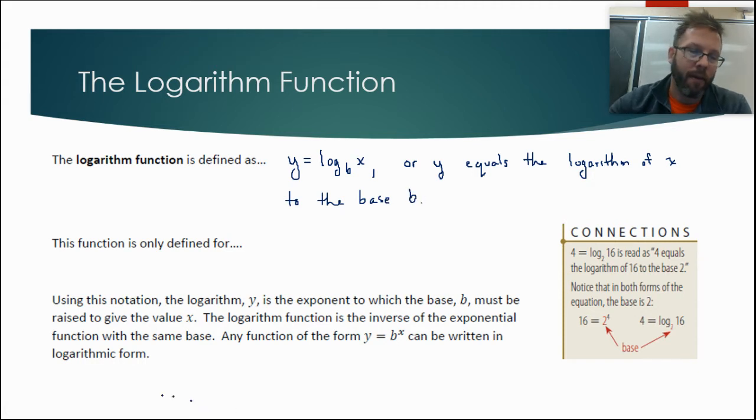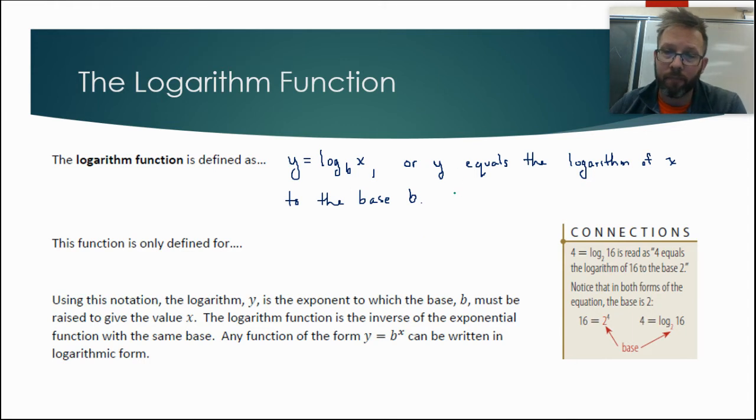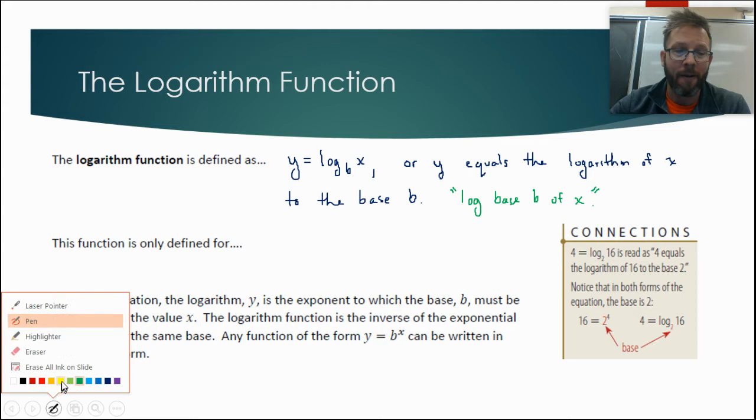I'll tell you how I read that. It just doesn't roll off the tongue for me. I like to say log base b of x. That just rolls off the tongue a little bit better for me. Now, a couple of things. This is only defined because, remember, the way that we set up this definition for logarithm is it's the inverse of the exponential function b to the power of x.